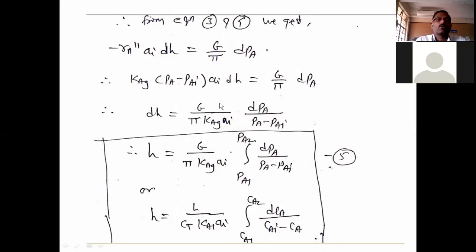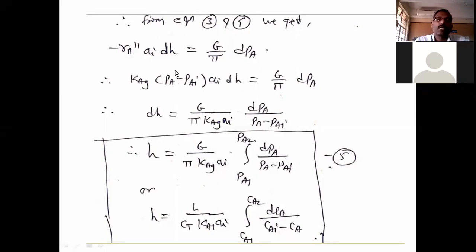So H is equal to G upon pi into kg into AI, integration from PA1 to PA2, from bottom to top or top to bottom, depending, of dP upon (PA minus PI). This is the equation for the height of the tower, for the gas film.